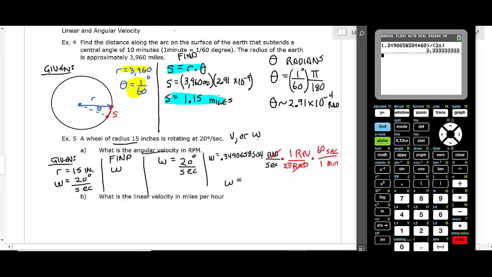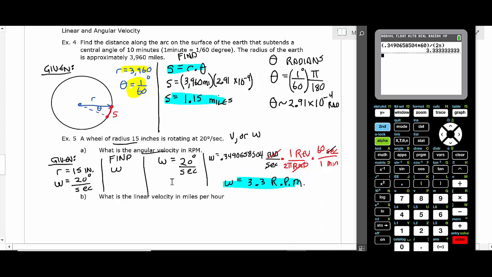And then that would give you an answer which is about 3.3 revolutions per minute. Okay, so that's how many revolutions that wheel goes around in 1 minute, which is pretty slow. And that makes a lot of sense. 20 degrees in a second, that's not too fast. That's a pretty slow-moving wheel.